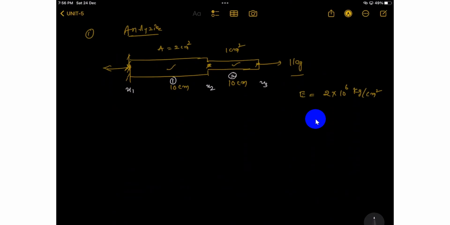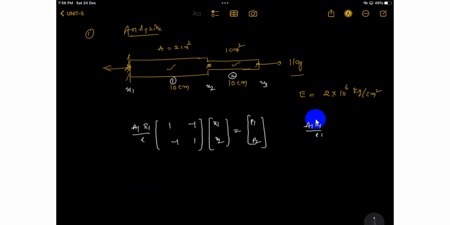Now we'll see the first element. I will write the stiffness matrix equation: A1 E1 by L1 times the matrix [1 -1; -1 1], times [u1 u2], is equal to [p1 p2]. So what is the A1 E1 by L1 value?